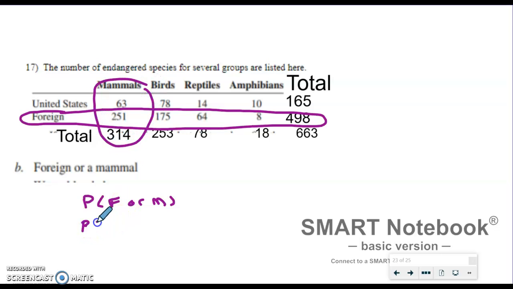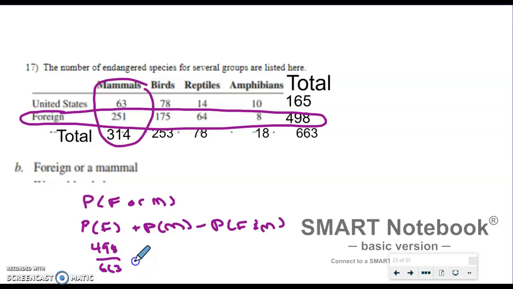All right, so we're going to take the probability that they are foreign plus the probability that they're mammals minus the probability of those that count in both categories. Okay, so how many foreign animals do we have? 498 out of 663. How many mammals do we have? That's 314 out of 663.